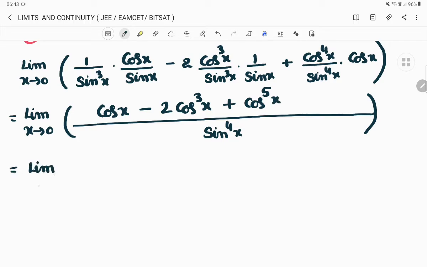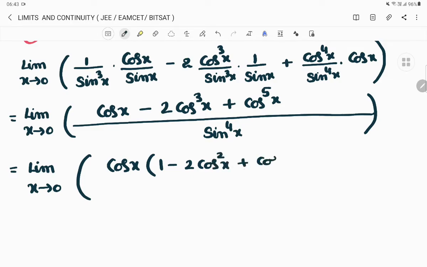Limit as x tends to 0. In the numerator, I am going to take common cos x. So if we take out common cos x, we get 1 minus 2 cos square x plus cos power 4x, divided by sine power 4x.